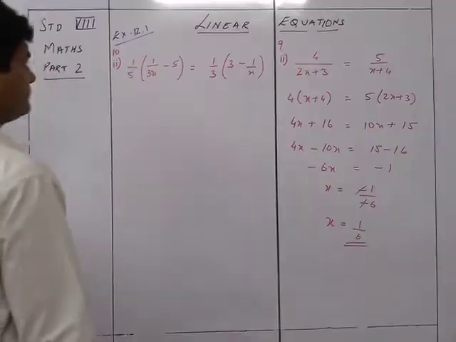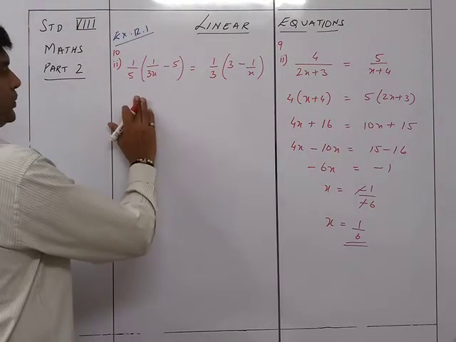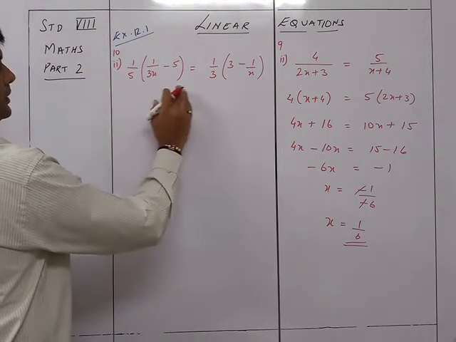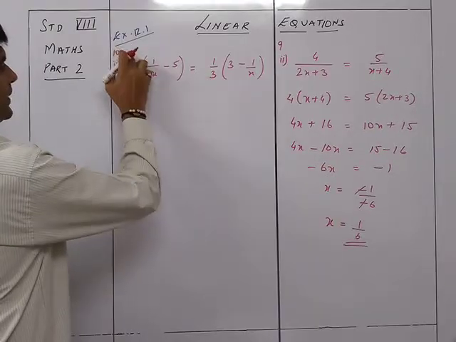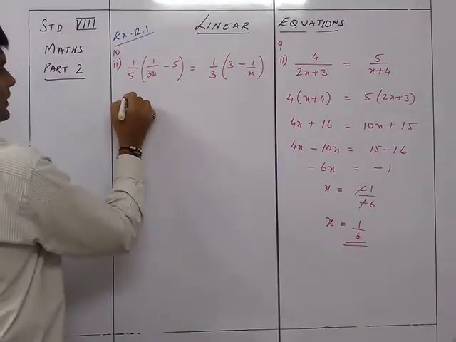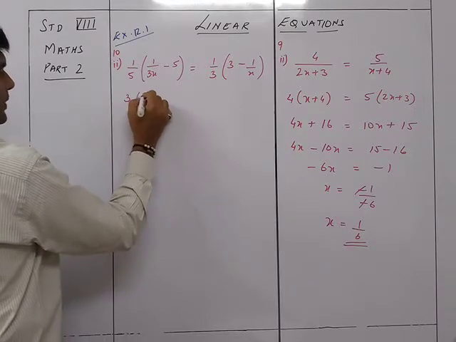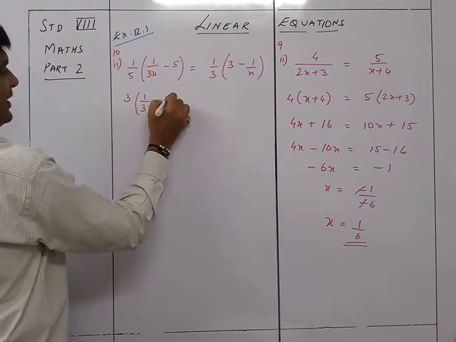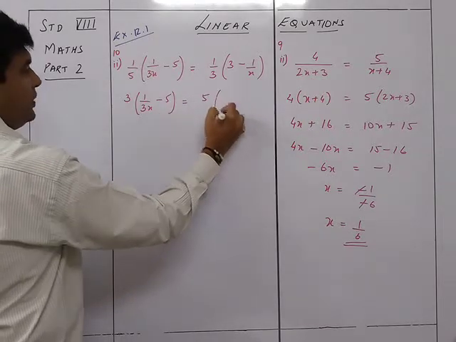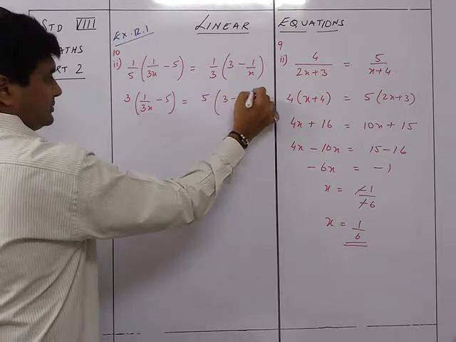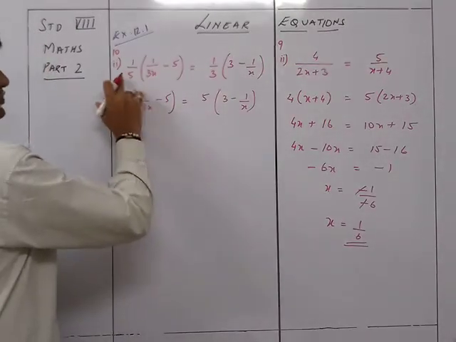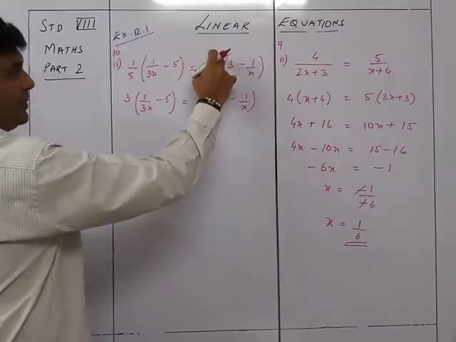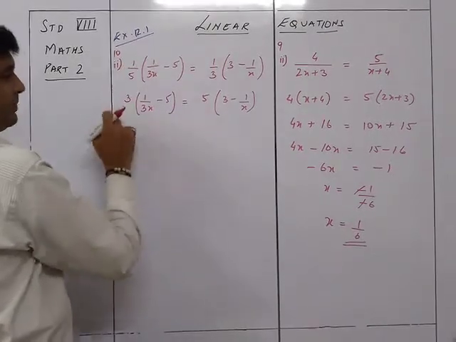What we'll do first of all is get rid of these two by taking this 3 over here and 5 over here. So it will become 3 into (1 upon 3x minus 5) is equal to 5 into (3 minus 1 upon x). Because this 5 is division, it goes over there to multiplication and this division goes over here for multiplication.